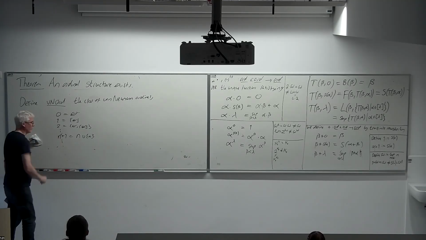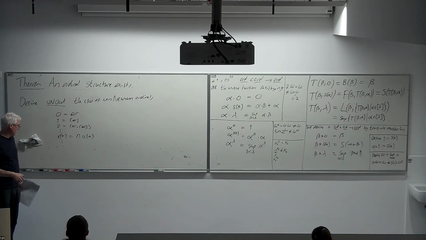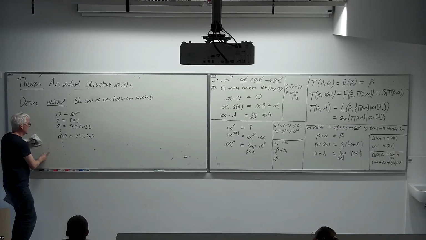So those are the von Neumann natural numbers that we looked at in lecture two, in the first lecture.